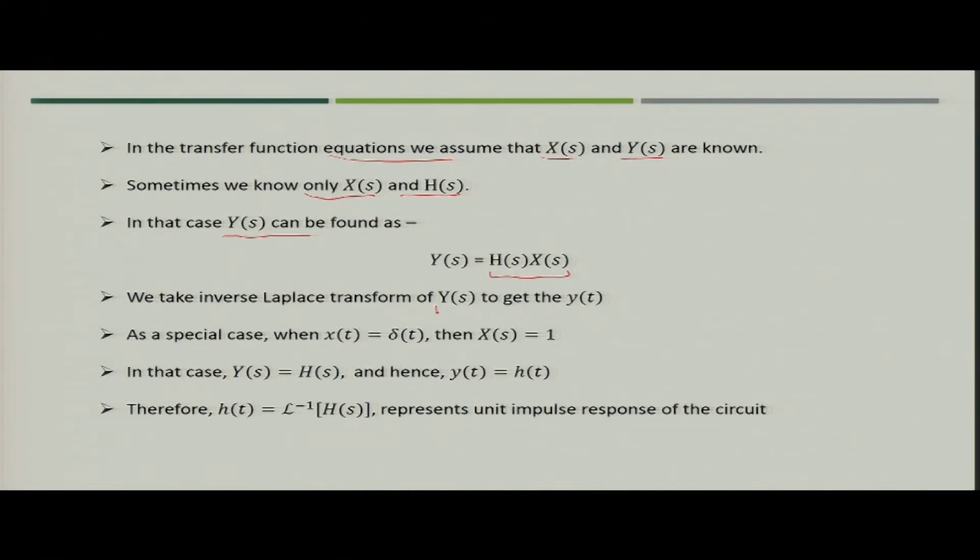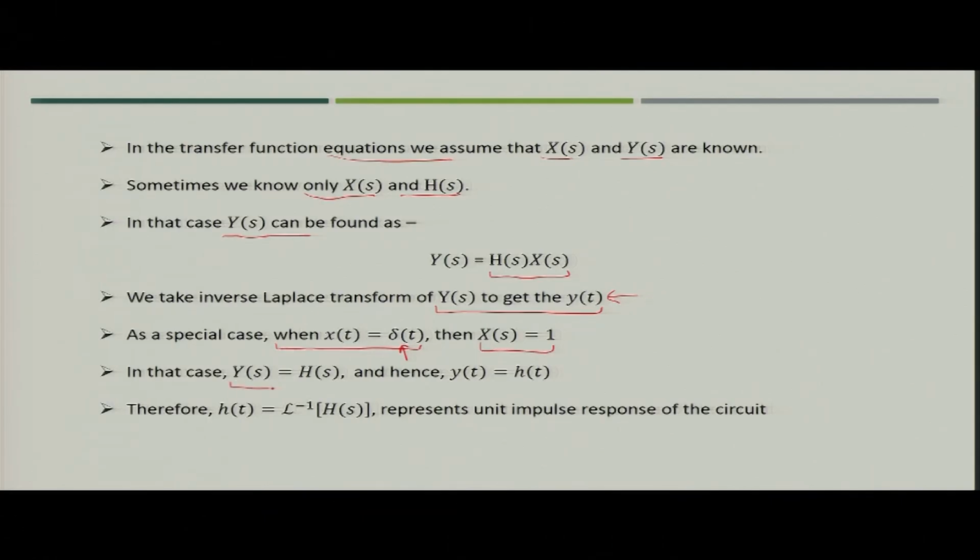Now, you can take the inverse Laplace transform of Y(s) to get the value of the output response of the circuit. As a special case, if we say that x(t), that is the input, is a unit impulse function, we will say that X(s) is nothing but equal to 1.